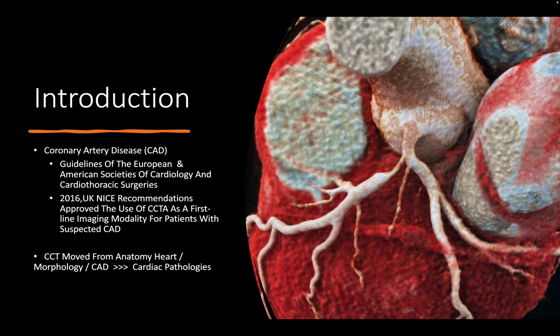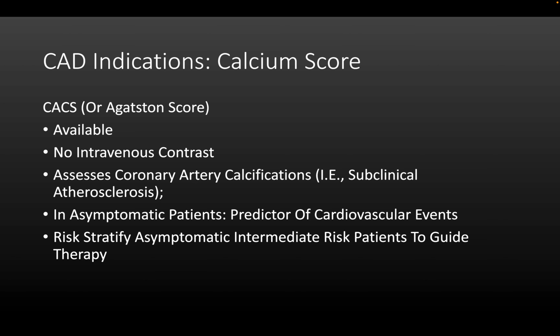In coronary artery disease, we know that in 2016, the UK NICE guidelines recommended the use of CT as the first line of imaging. So there is an increased role of cardiac CT in detection of coronary artery diseases, not only in detection of the morphology, but sometimes the anatomy.